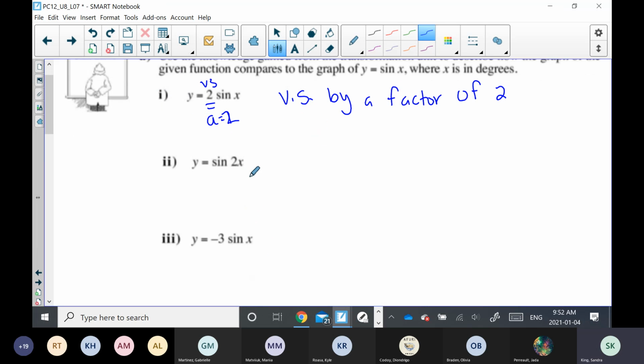Okay, let's look at what happens when we have a b value. So b is equal to 2. You guys know that b is a horizontal stretch.